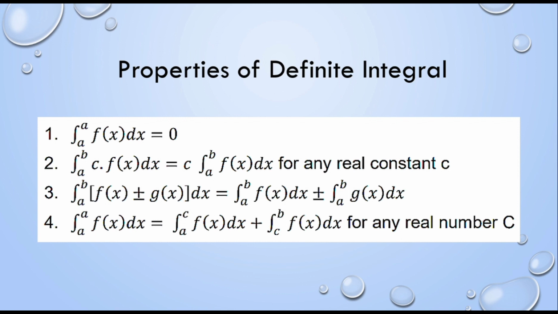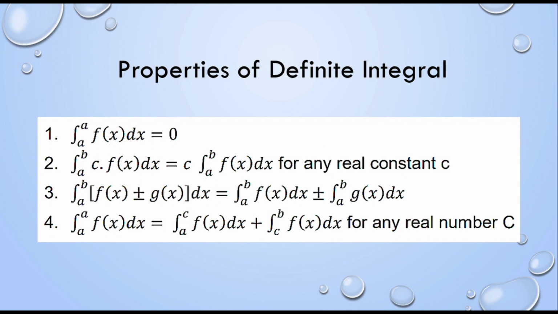Number 2, the definite integral with lower limit a and upper limit b of c times f of x dx is equal to c times the definite integral with lower limit a and upper limit b of f of x dx, for any real constant c.